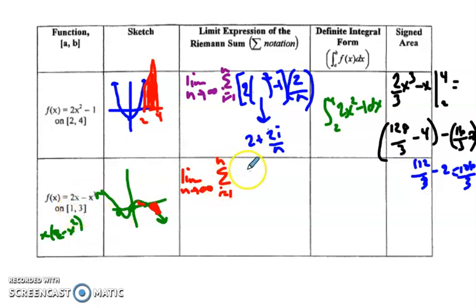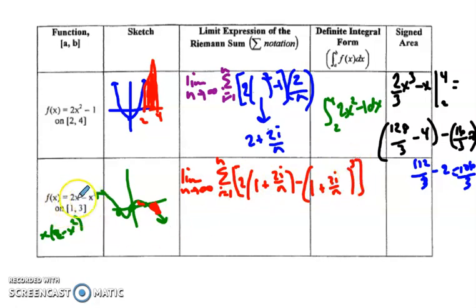My function is 2 times x minus x cubed, so I'll start here with 2. My x value is the left-hand side of the interval, 1, plus the width of the interval, which is 2, i over n, and I'm not squaring that or anything. I have 2 times this x, minus x cubed, and x, once again, is 1 plus 2i over n, and that is cubed. And then I multiply this by delta x, which is the width of 2 divided by n.